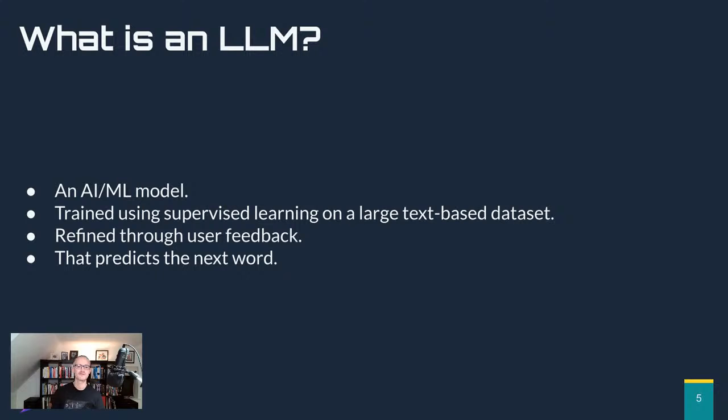Okay, so let's have a quick discussion about the brief history of LLMs. What is an LLM? Let's get this clear and straight from the beginning. A large language model, or LLM for short, is an AI model. It's a machine learning model that is trained using supervised learning on a large text-based data set.